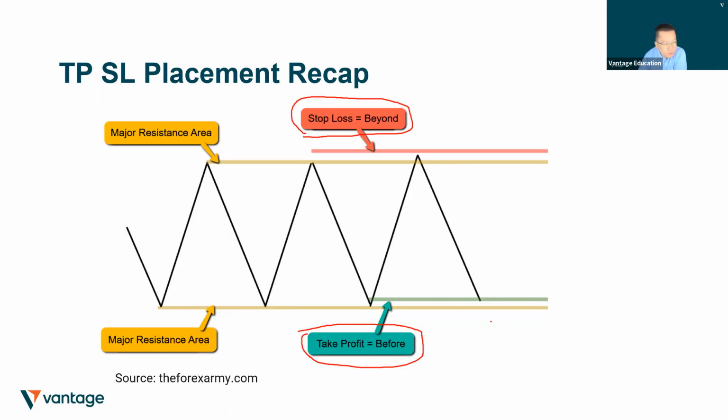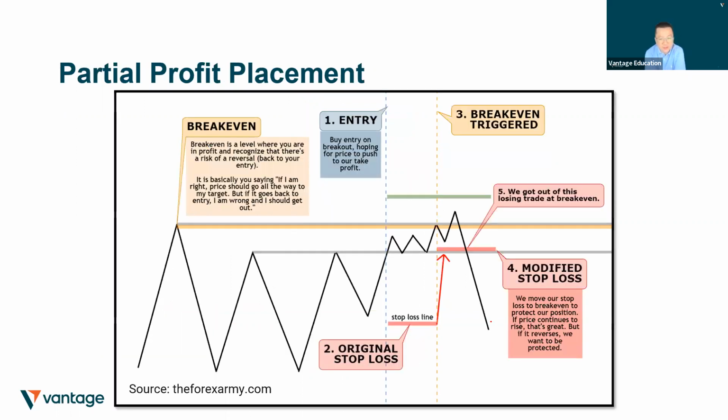All right. So with that, now we start considering the partial profit placement. What that means is that, let's see, right? At this point, don't worry about the one yet. You're looking at point number 1 here, the entry level.